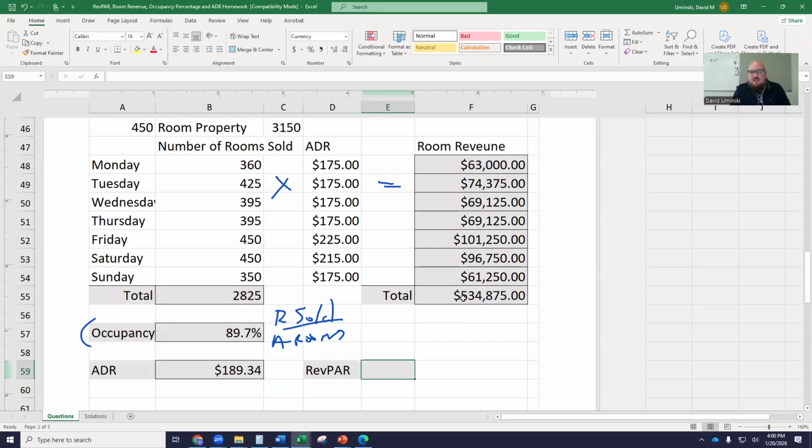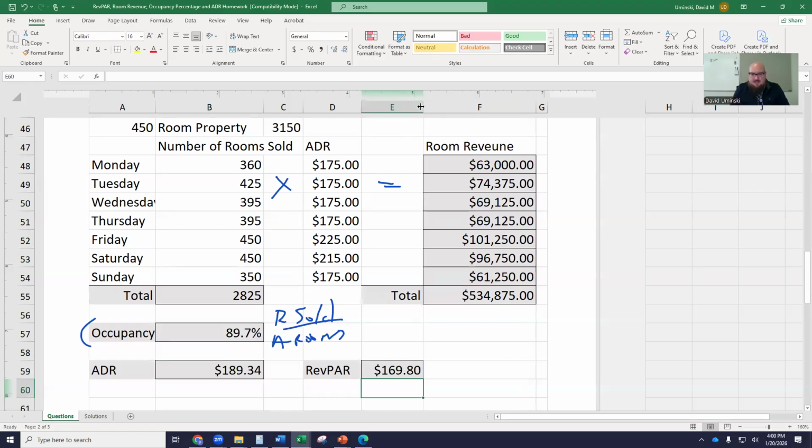So this time we're going to take this revenue and divide it by all the rooms we have available during that period. And that's going to give us $169.80. My revenue is $534,875.